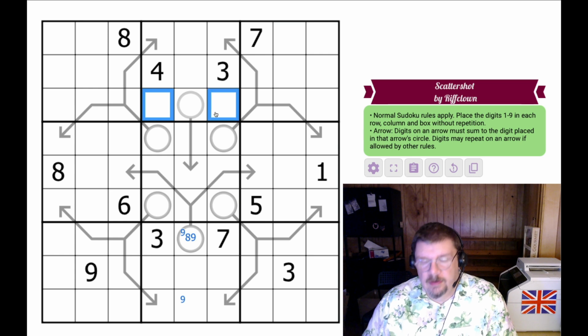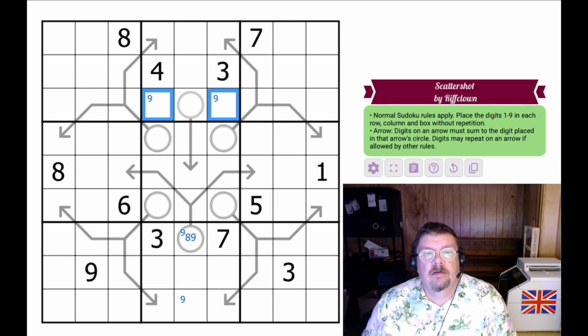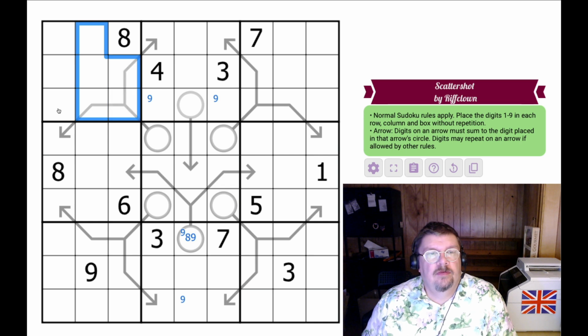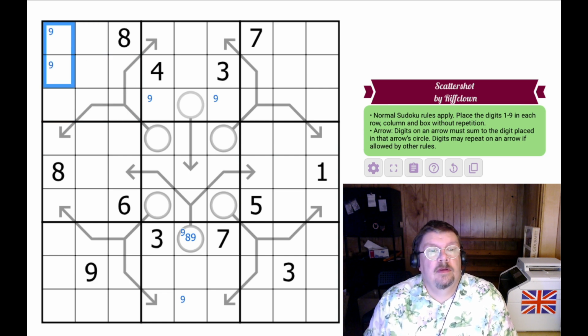One of these two is a 9. Those are not 9s, those can't be 9s. That's not a 9 because of the one pointing that way. So one of those two is a 9. That places a 9 there.